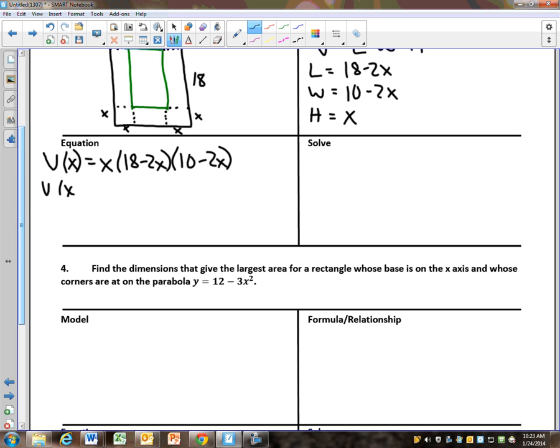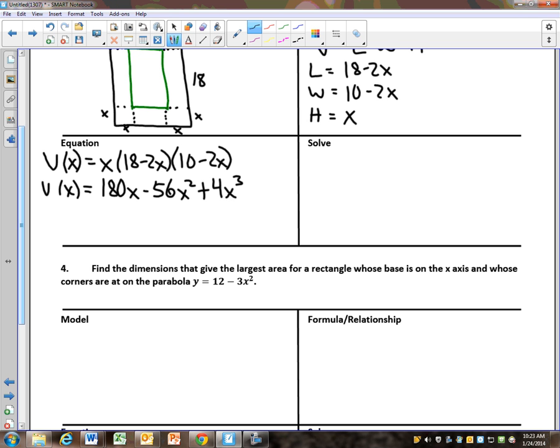So V of x is equal to, what's 18 times 10? And then times x will be 180x. 18 times negative 2, and then negative 2 times 10, so negative 56, and it will be an x squared. Negative 2x times negative 2x, 4x squared times x, 4x cubed.